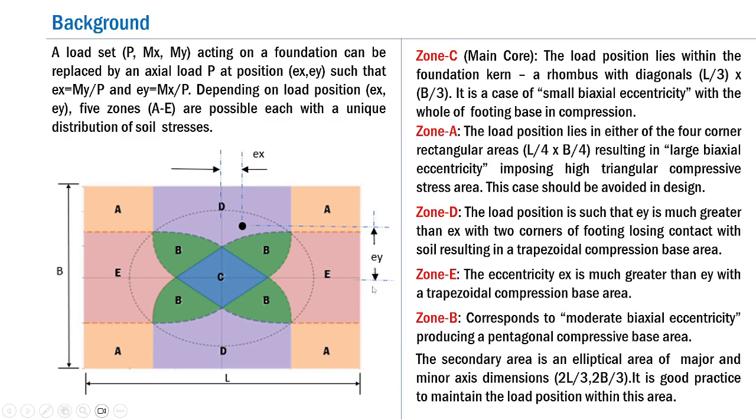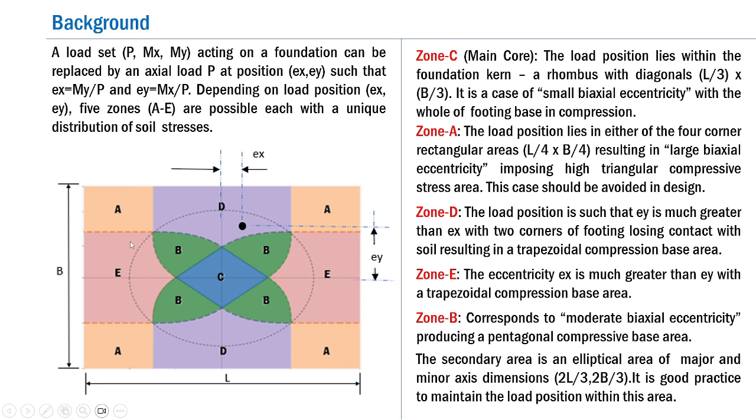And finally, I would like to make a small mention. Here you will find that an ellipse is drawn, and this area we call the secondary area. It is essentially an elliptical area with major and minor axis dimensions of 2L by 3 and 2B by 3, and it's always good practice to maintain the load position within this area.